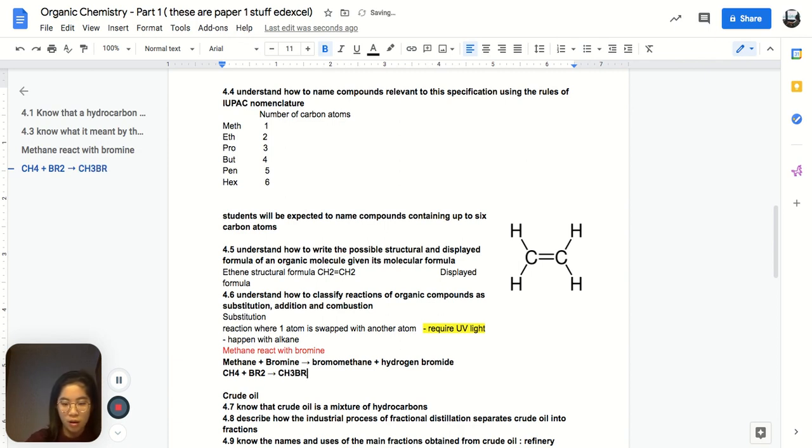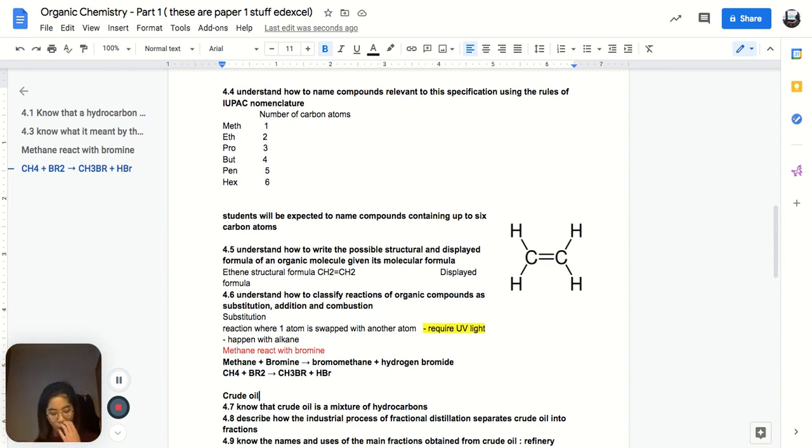And it's CH3Br plus HBr. Okay, so you probably will understand why it's called substitution now, because could you see it substitute H to Br instead, and the H just left behind here? Can you see? So this is why it's called substitution.